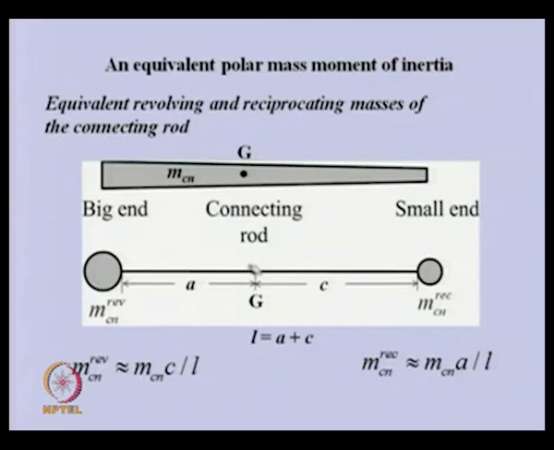If the center of gravity of the system is at G, where A is the distance from one end to G and C is the distance from G to the other end, the total distance is L, that means A plus C is L. Approximately, this particular mass will be given as the total mass of the connecting rod times C divided by L. Similarly, the other mass will be the total mass of the connecting rod times A divided by L. So, this is an approximate relation.